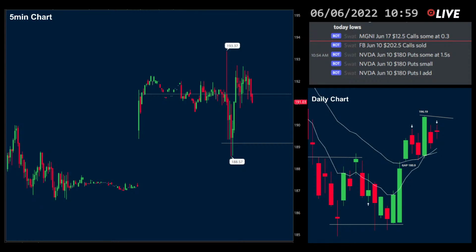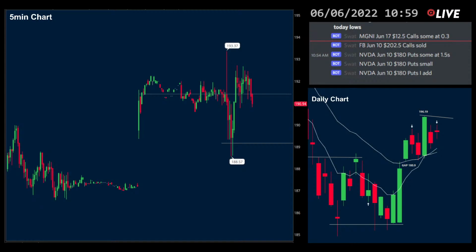Okay, NVIDIA some fading. So semis are heavy, okay, but still not falling apart.